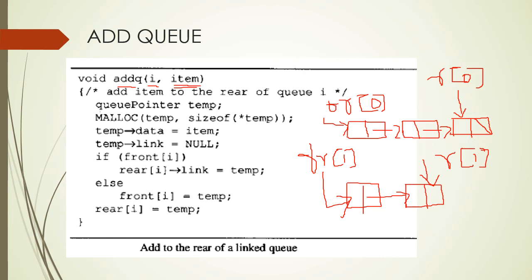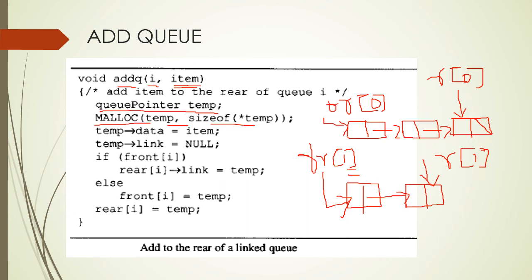Then I will take one more pointer variable to give a name to a newly created node. The malloc function will create a node with the name temp. Assume that I wanted to insert a new element into queue number 1, so the value of i is 1. That means at the rear of 1 you are going to insert.